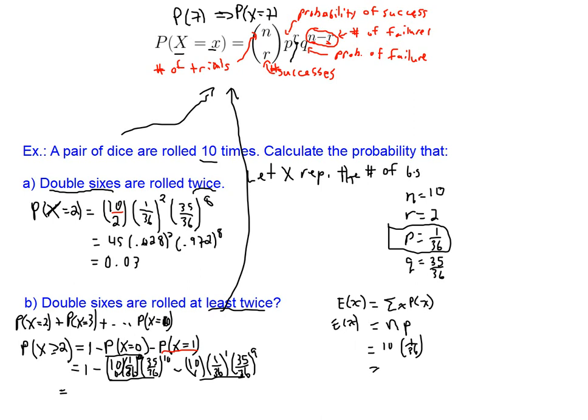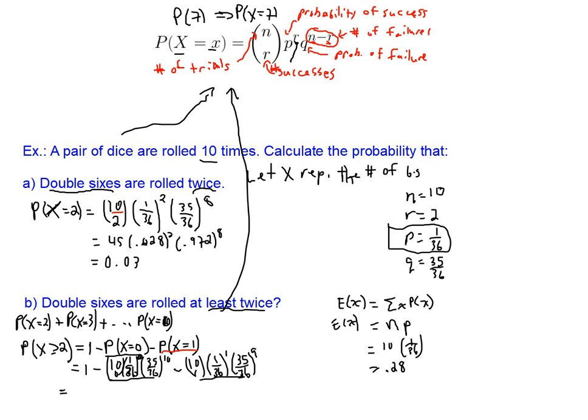So we can multiply that and say, hey, 10 times 1 over 36 is the same as 10 divided by 36. So we would expect, if we're going to do 10 rolls, we would expect on average to have about 0.28 double sixes.